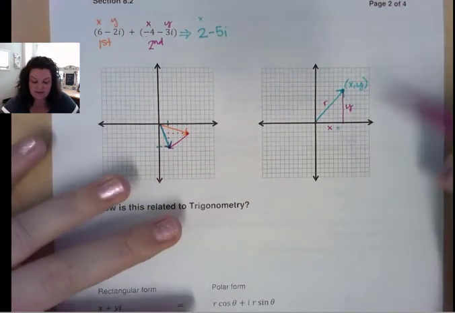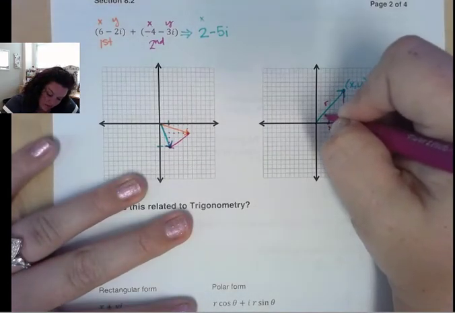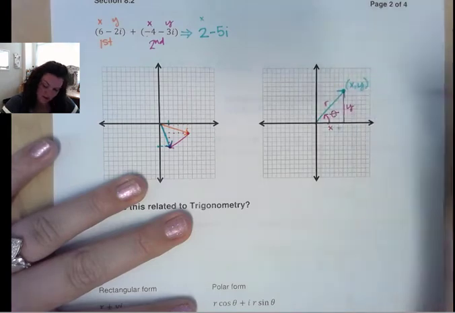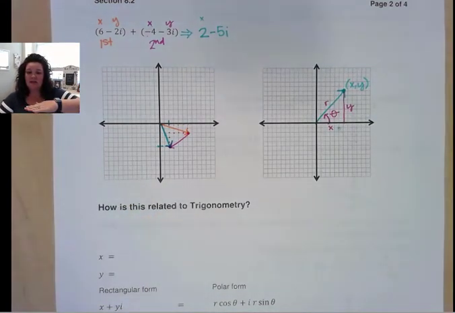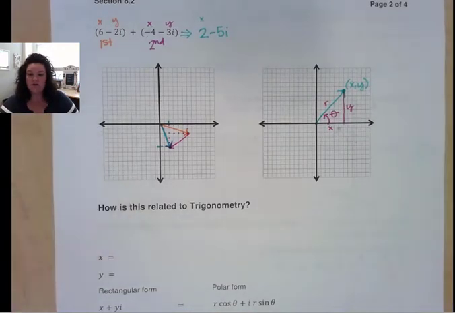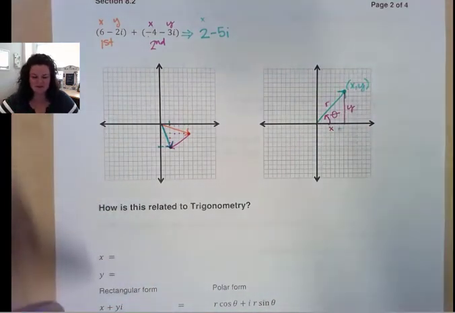And then we could define this whole reference triangle by this angle that we get starting from our x-axis as the initial side and going up to that vector as our terminal side. So this is something we've done. This is how we defined all of our trig functions.